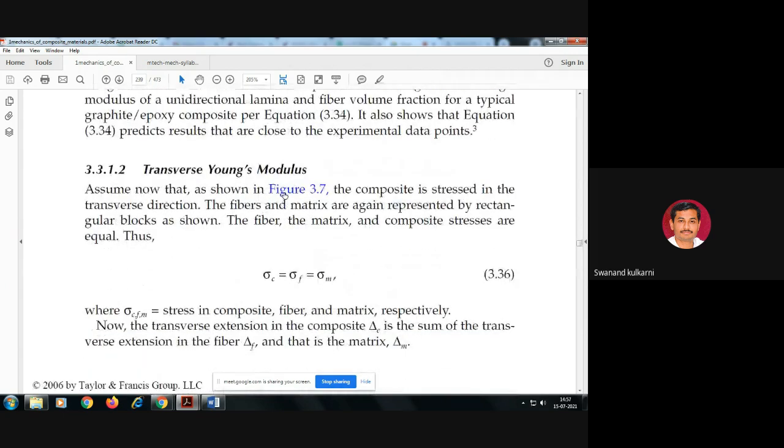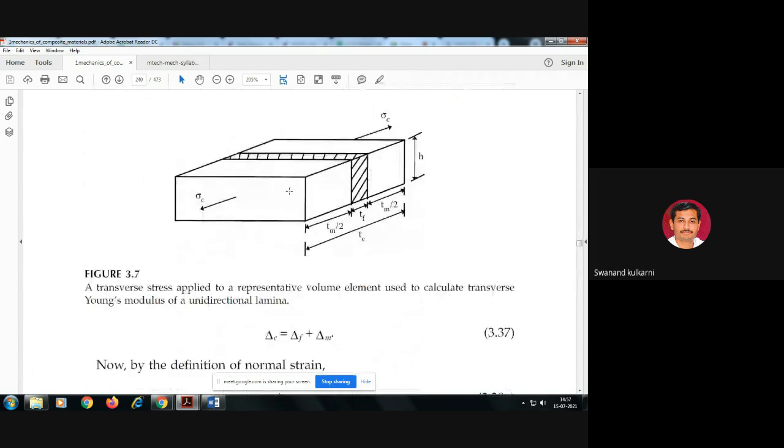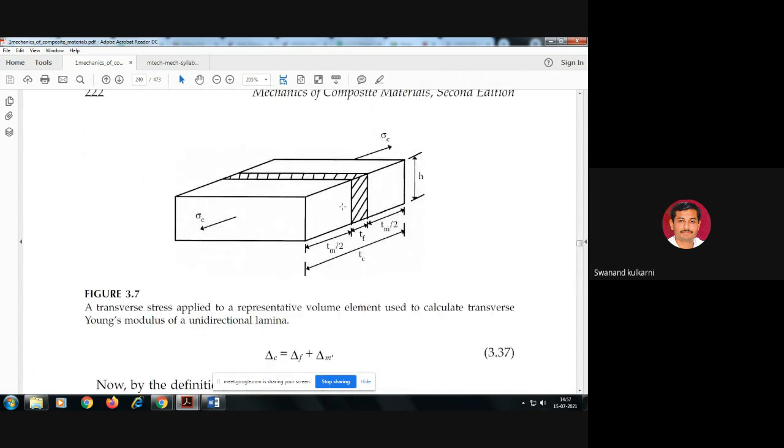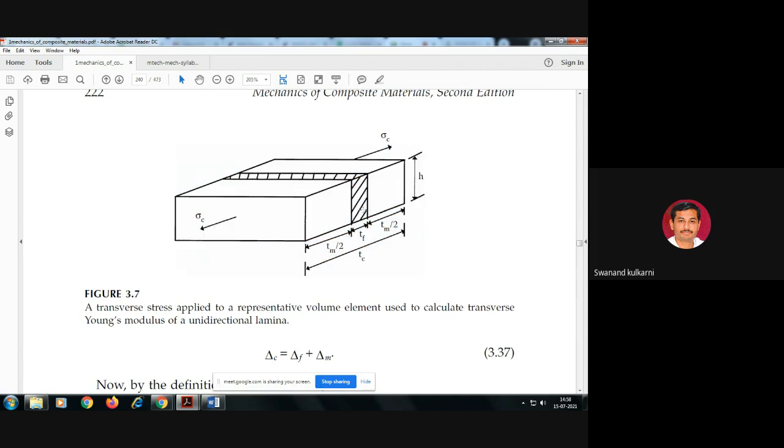Then we calculated the transverse Young's modulus. In the longitudinal direction that was the direction considered, but now this is the transverse direction. Sigma c, as shown here, is in the transverse direction. Is it okay? We should first understand what the longitudinal direction is and what the transverse direction is.